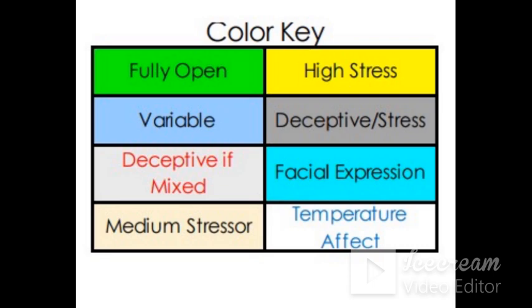Now keep in mind, we have yellow for high stress, we have gray for deceptive and/or stress. And I'm going to emphasize a little bit that facial expression, because the amplifying gesture is going to be one of the 7 micro-expressions that Dr. Ekman documented in his global study of body language.